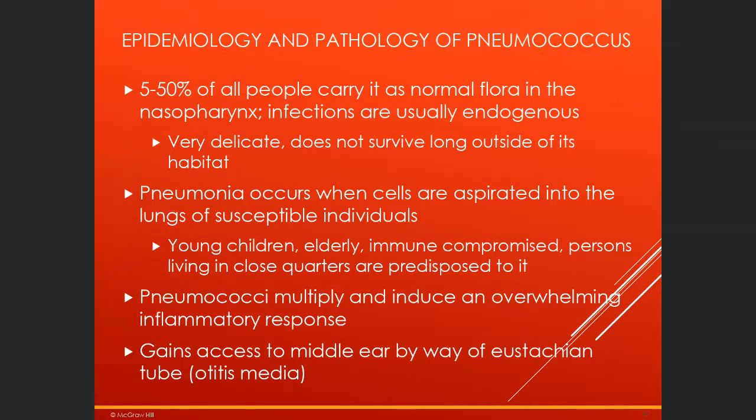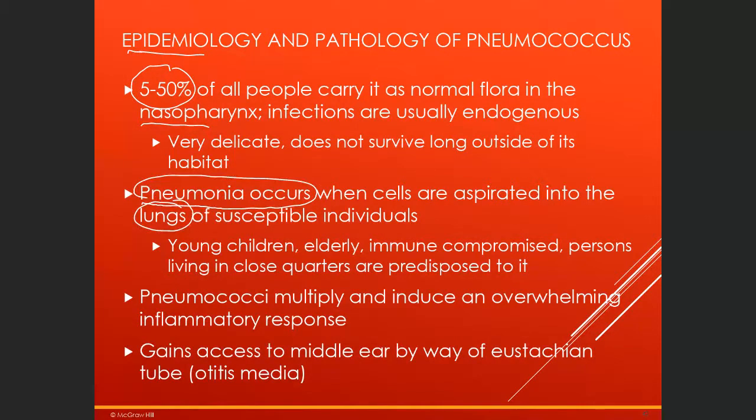Okay, epidemiology: 5 to 50% of people actually carry Streptococcus pneumoniae in their nasopharynx. Sometimes it will not cause infection to them, but they're still able to transfer it to other people. So pneumonia actually occurs when these cells go to the lungs.